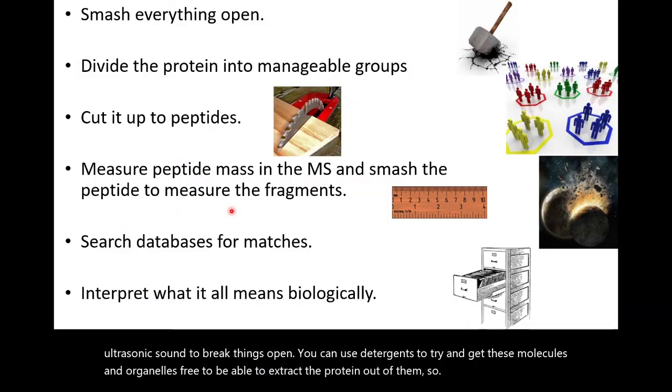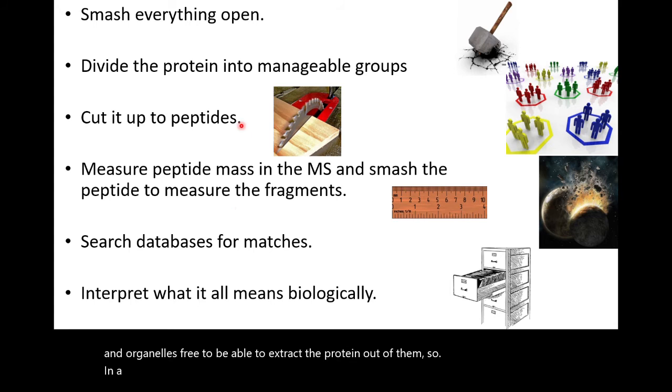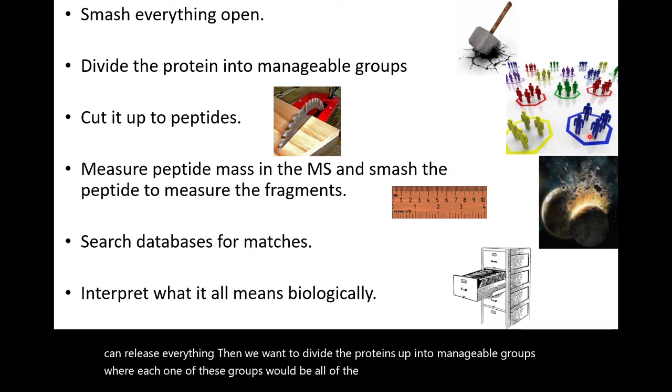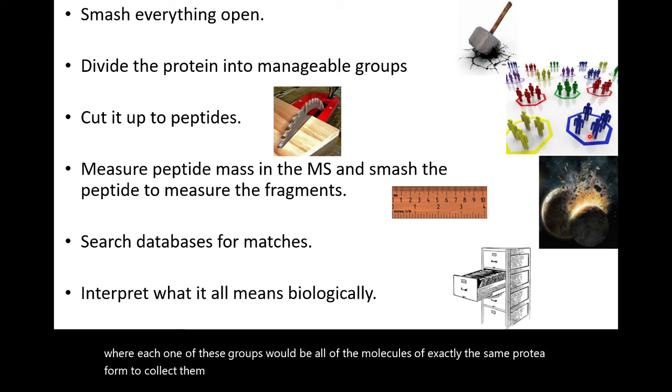So, in summary, what we're trying to do in proteomics is, firstly, smash the cell open so that we can release everything. Then we want to divide the proteins up into manageable groups, where each one of these groups would be all of the molecules of exactly the same proteoform, to collect them into the same piece of space to increase the sensitivity.